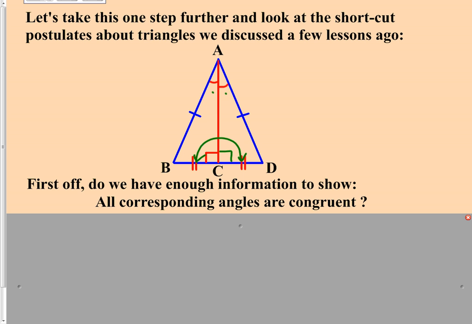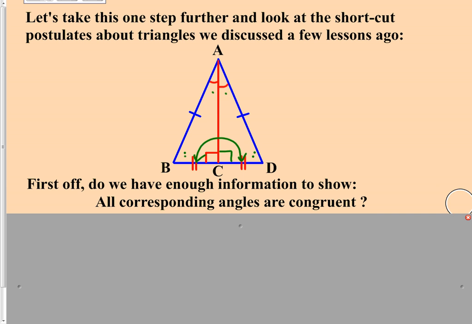What about the third set of angles? Do we have enough information to figure out the third set of angles here and here? Yeah, we do. We have two angles in a triangle. We know that the three angles in a triangle are going to add together to equal 180 degrees, so that is enough. We will be able to find that all three sets are congruent.